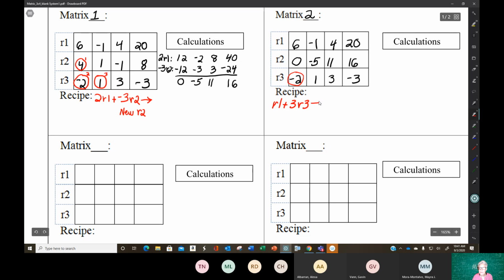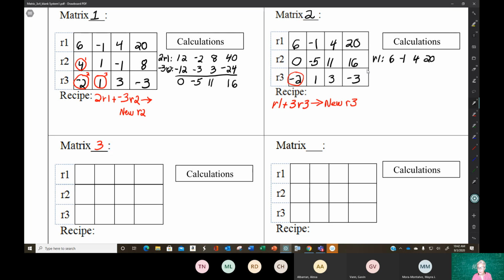Okay, and this is going to give me the new row 3, which will go down here. This is going to be my matrix number 3. Let me change to black now. Okay, so row 1 is 6, negative 1, 4, and 20.